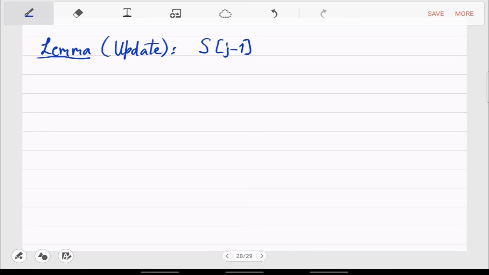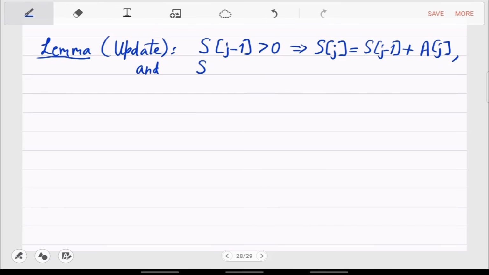So if Sj minus 1 is positive, then what is Sj? Yeah, you will use the positive value and the new element Aj. And if this value is negative or even 0, then there is no point to add it.